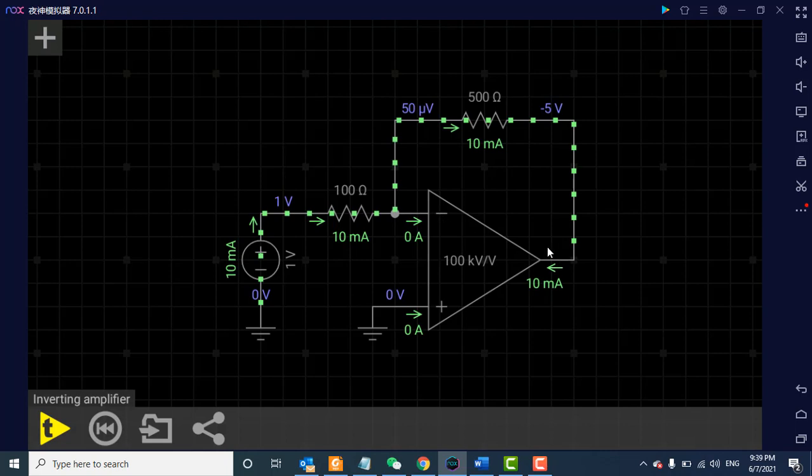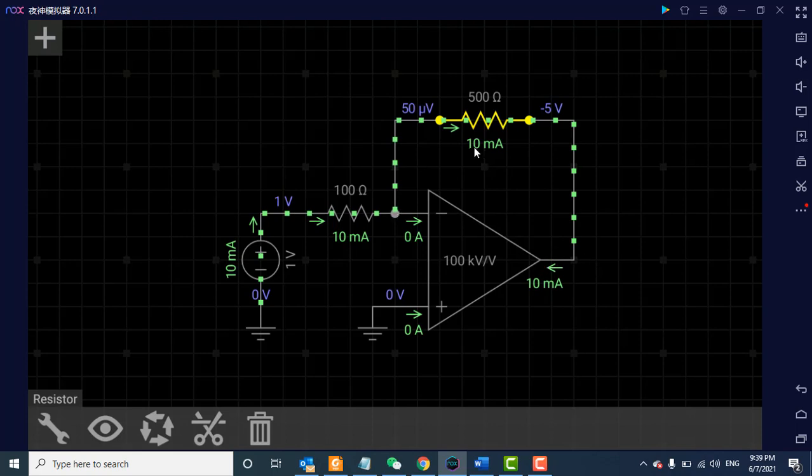So at the output, the op-amp must create such a voltage that can absorb the same amount of current. How much voltage does the op-amp need to generate here? As you know, the resistance I add here is 500 ohm. How much voltage is needed to absorb the 10 milliamps?